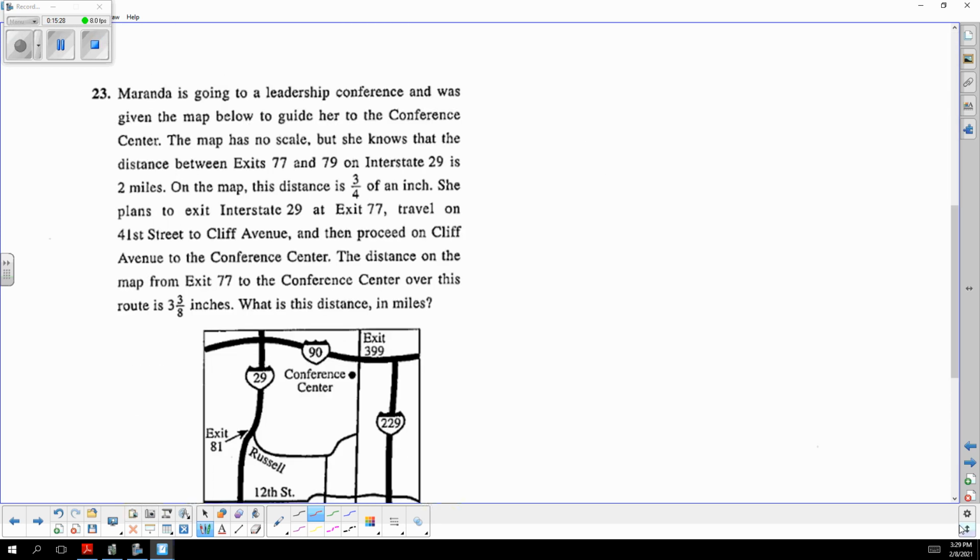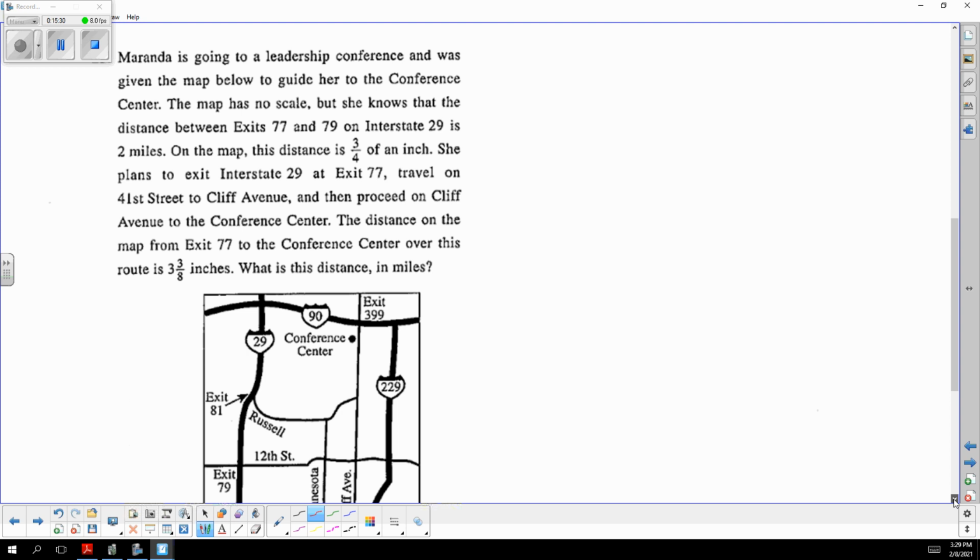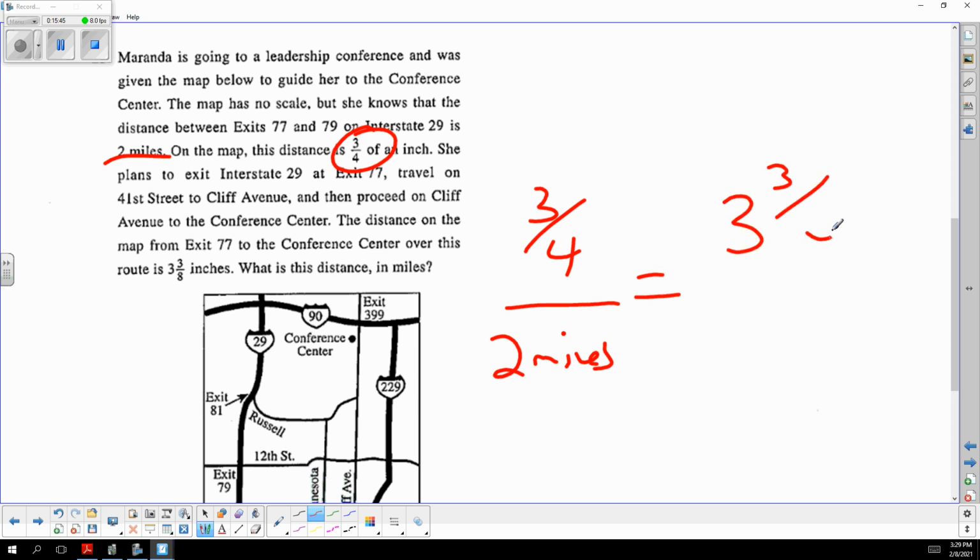This one took me about a half hour, and I was mad because I was reading it, and all it is is ratio proportion. 3/4 of an inch is 2 miles on the map. So how far is 3 3/8 inches? Is it 3 3/8?